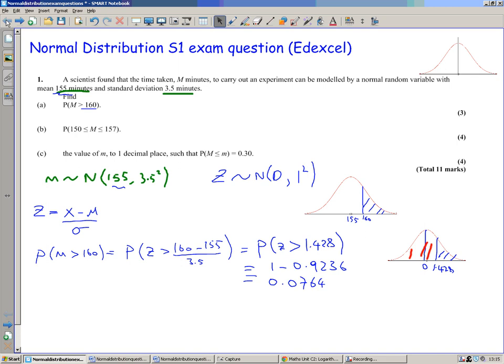The second part of the question has a wider range, but before I ask that, does it matter in this case whether it's a strict inequality or an inequality? Could I have written that or that and got the same answer? Would it make any difference with the normal distribution?